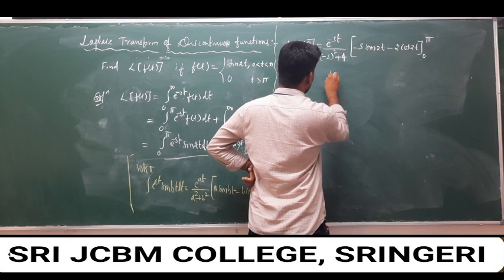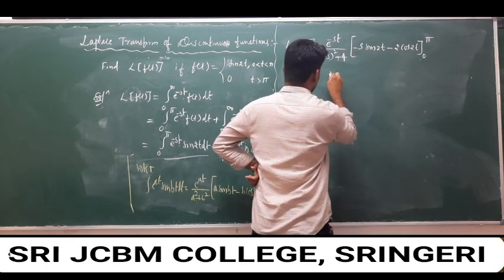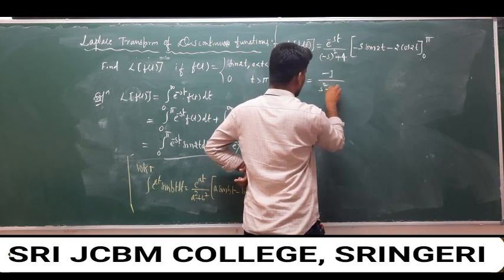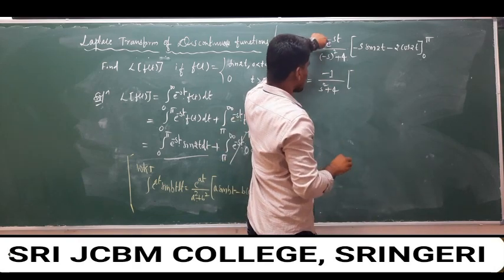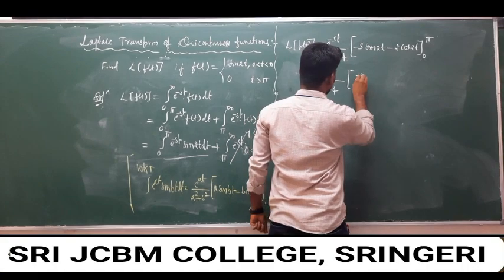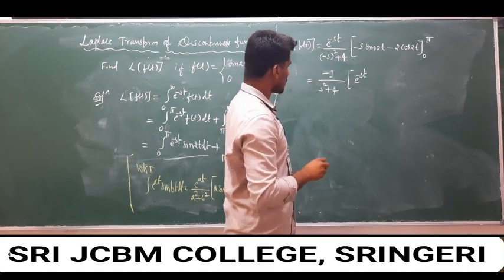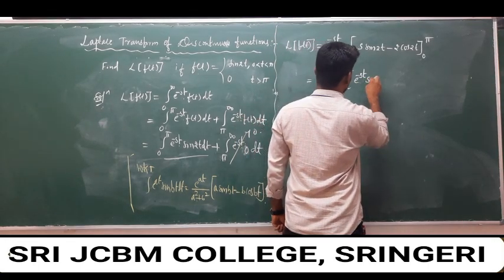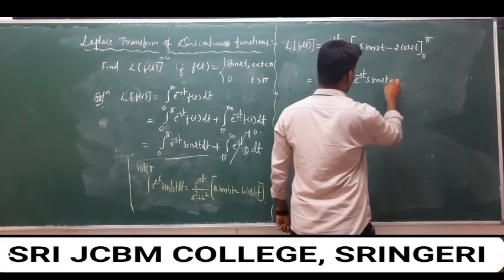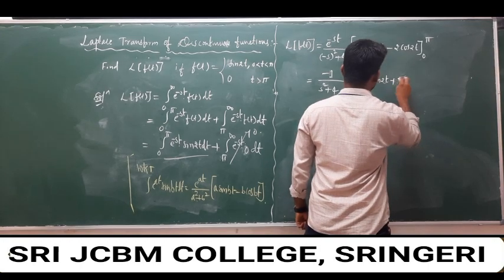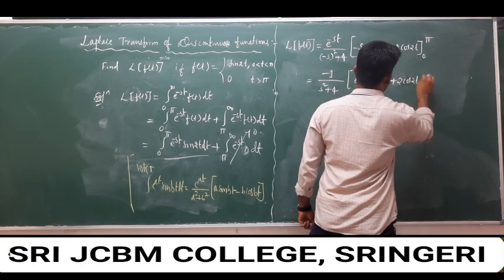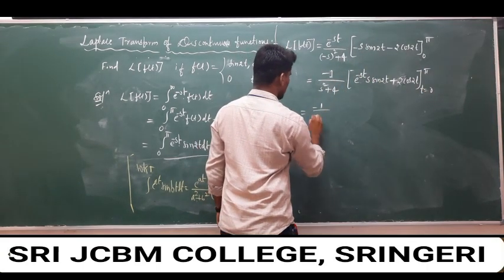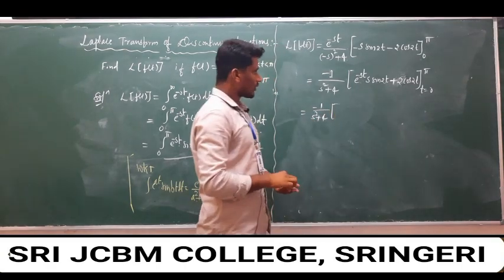Here I will take minus 1 common, so minus 1 over s squared plus 4, and e^(-st) I will take inside the bracket, because t is a variable and we have to apply the limit values: e^(-st) times s sin 2t plus 2 cos 2t, with t from 0 to pi.